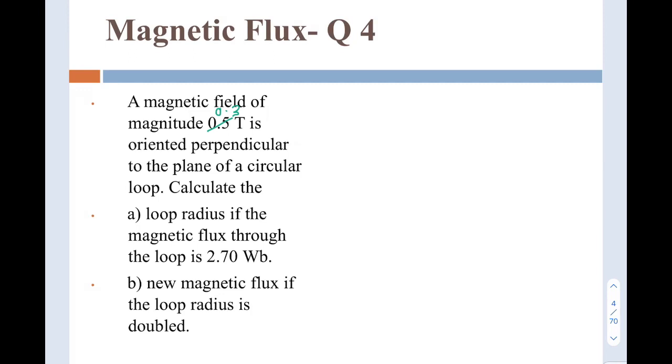To solve part A, we know that the angle between the normal line and the magnetic field is actually 0, because they are perpendicular to the plane, coming from the statement given to us.